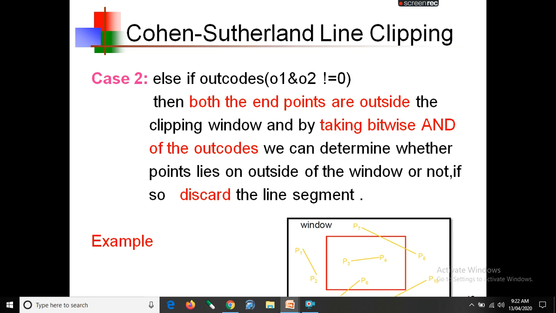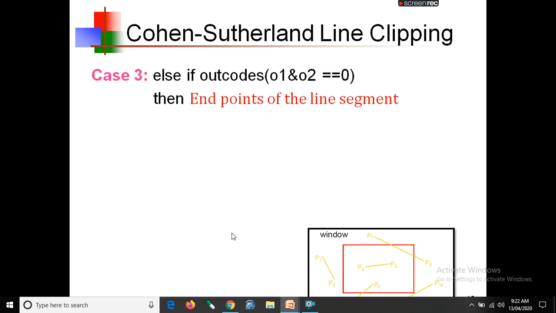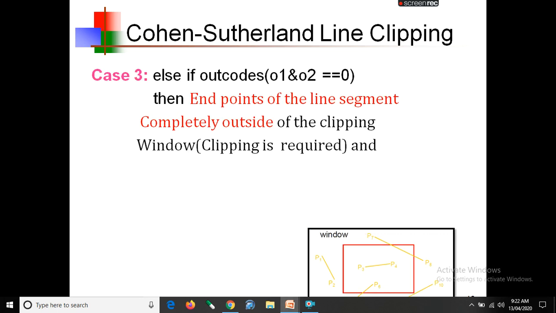Case 3 is after performing the bitwise AND operation between outcode 1 and outcode 2, if the result is equal to 0. It means that part of the line segment lies inside the clipping window, but both the endpoints lie outside the clipping window.